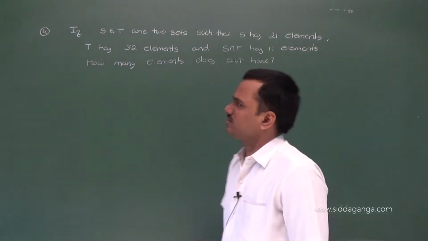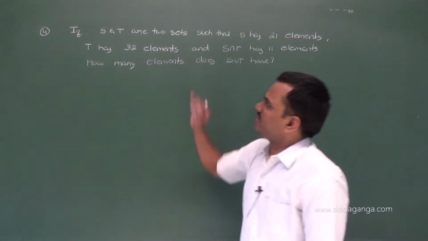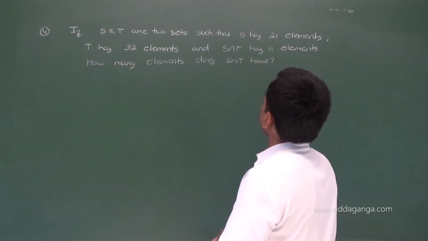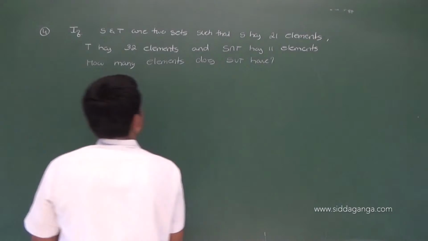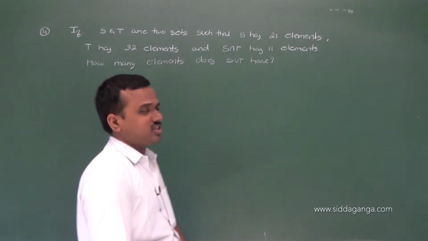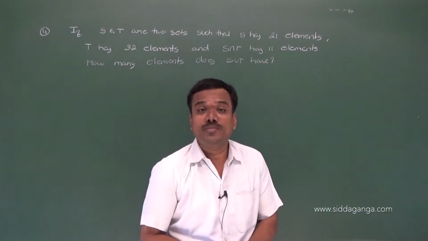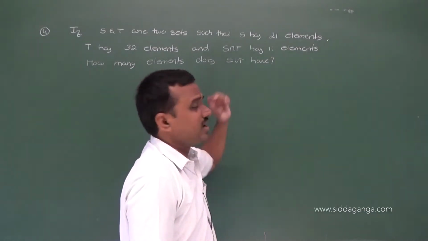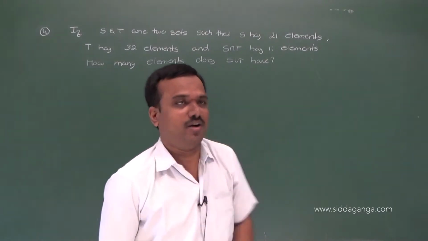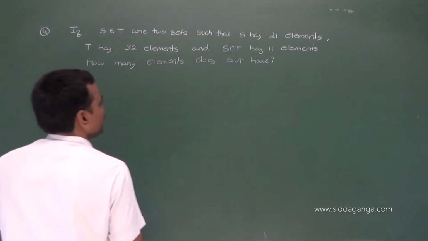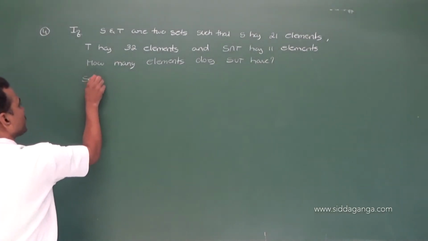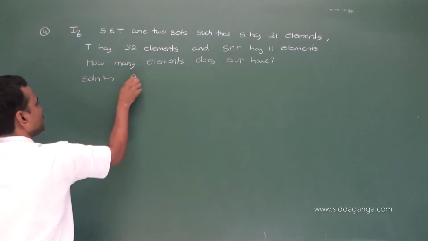See the question. You also solve. If S and T are two sets such that S has 21 elements, T has 32 elements, and S intersection T has 11 elements, he asks how many elements does S union T have? Okay. So let me give one solution.